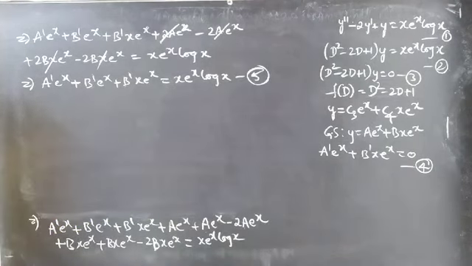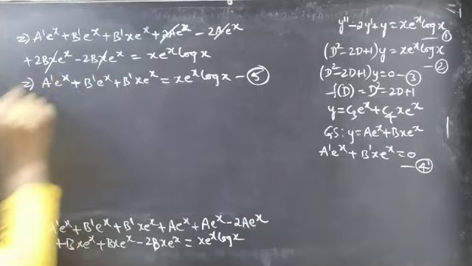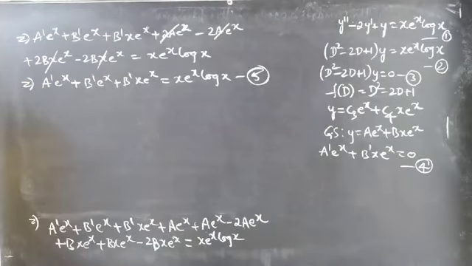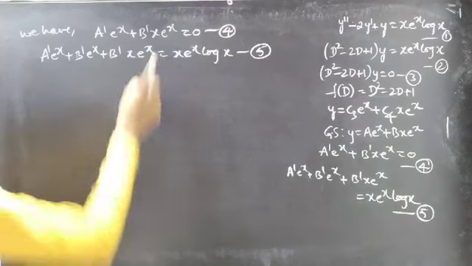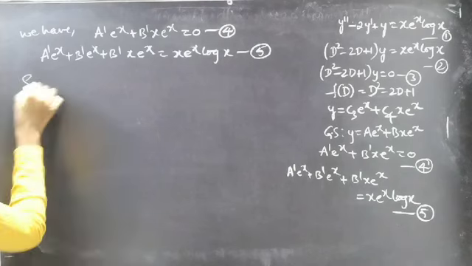Now solve equations 4 and 5 to find a dash and b dash. We have equations 4 and 5, right? Let's solve these two.